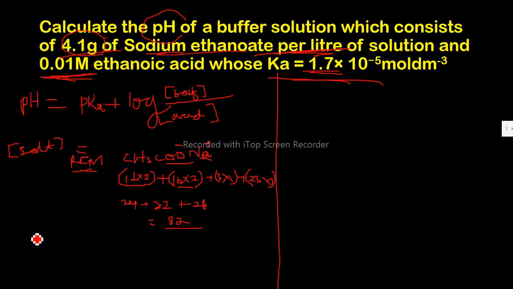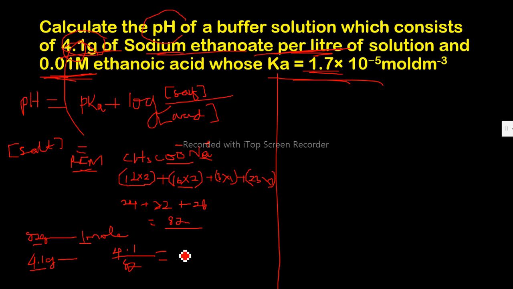Now from this, 82 grams contain how much? 1 mole. Write full words. Don't do this. Write full words. But how about the 4.1 grams given? The 4.1 grams given will contain 4.1 times 1 out of 82, which is simply 4.1 divided by 82. So how many moles?